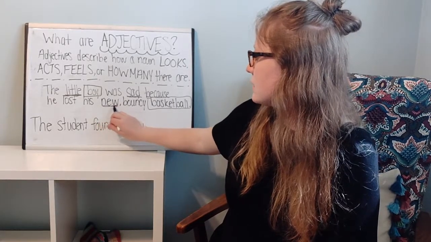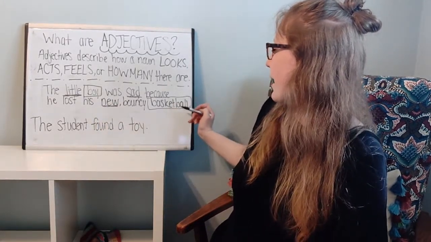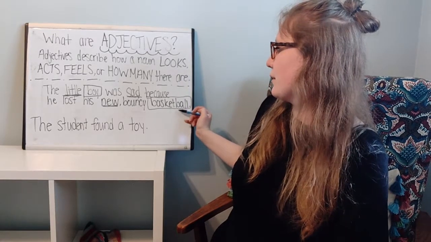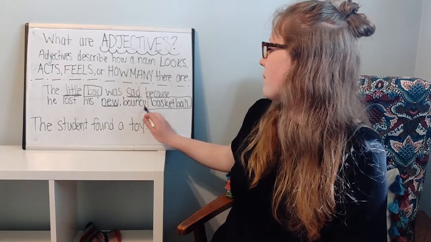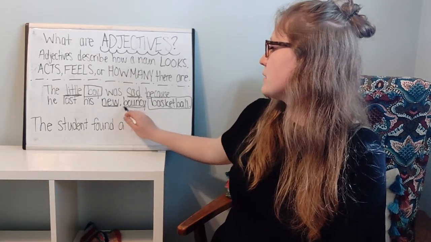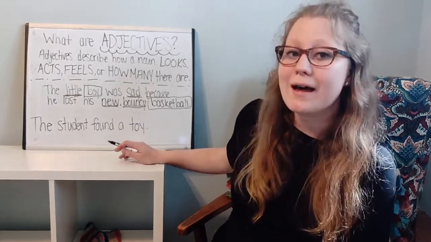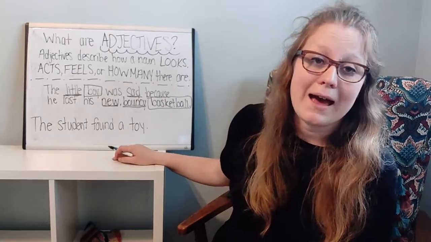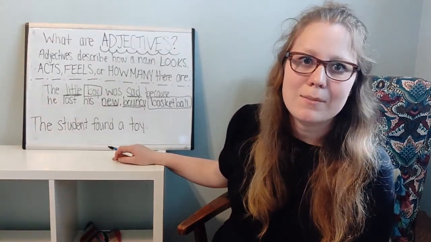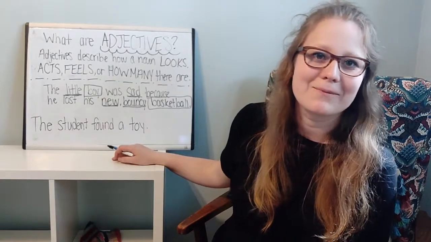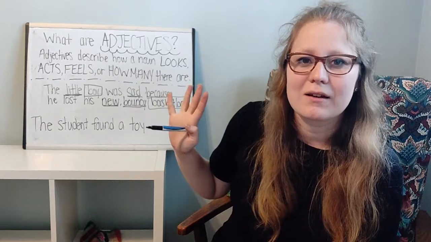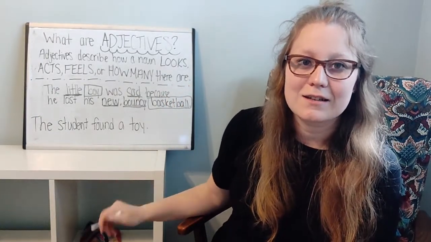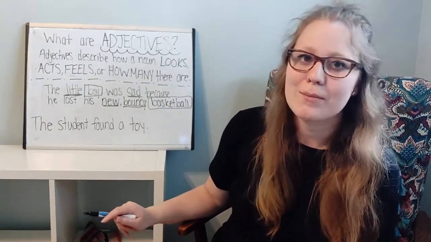New is also describing the basketball, how it looks, maybe how it feels as well. And bouncy describes the basketball as well. It tells you how the basketball acts, how the basketball behaves. It's a bouncy one. So we have two nouns here, but there are four adjectives, two adjectives that describe each noun.